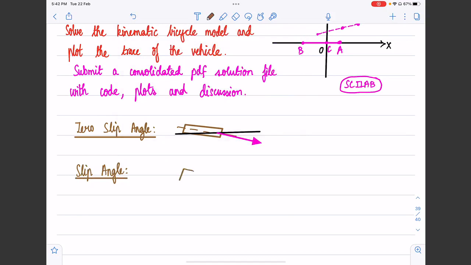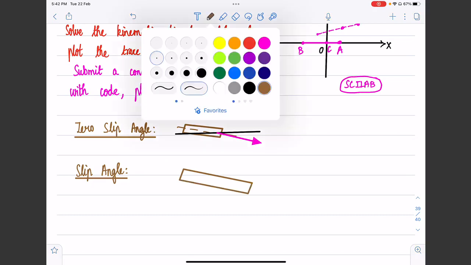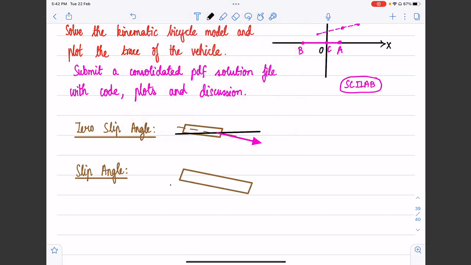Let's say I turn the wheel tire assembly like this. This is my initial orientation, and then we turn like this. So my central wheel plane is something like this. The red line indicates the central wheel plane.